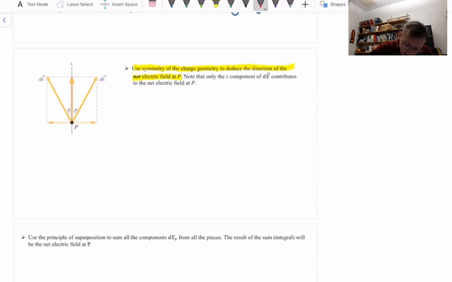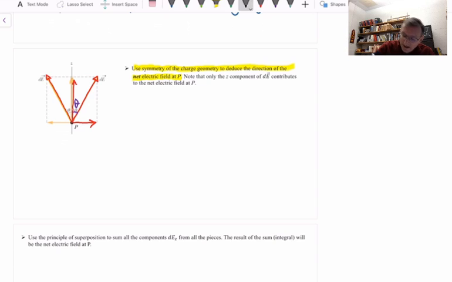There's the dE from the original piece of the ring. The dE makes an angle theta with the z-axis, so that the dE has a component perpendicular to the z-axis, and it has a component along the z-axis. And then here's the dE from that diametrically opposed piece of the ring.